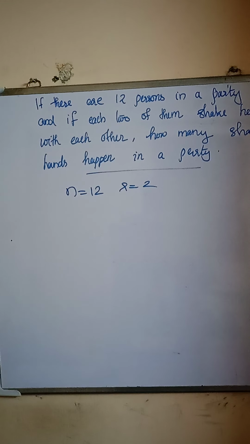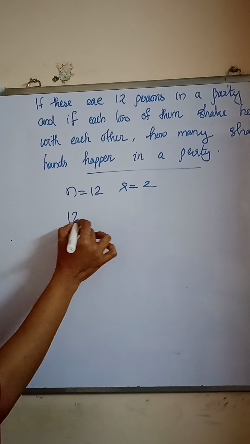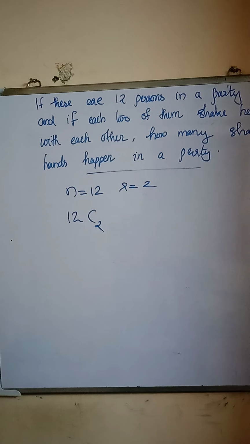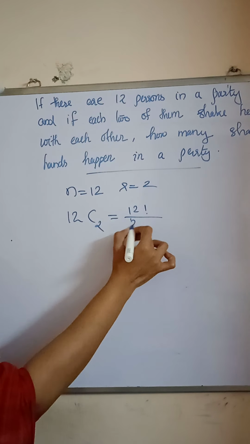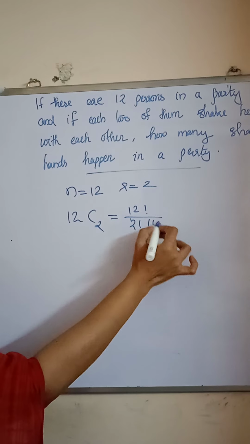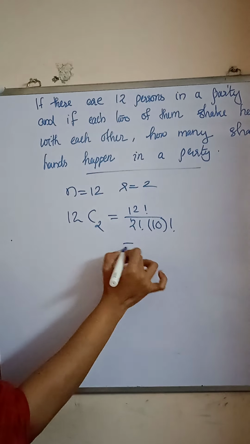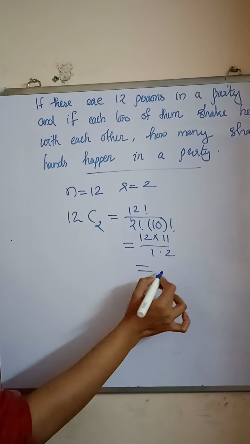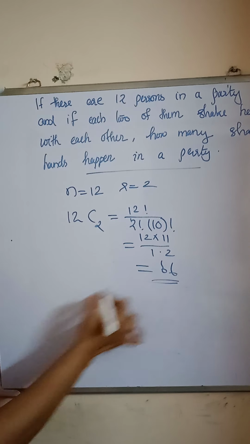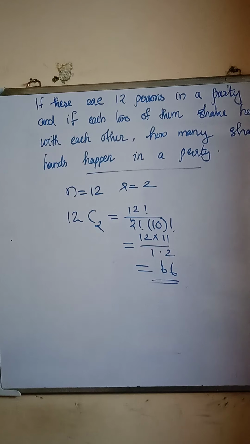So 12C2 handshakes happen in the party. 12C2 is 12 factorial divided by 2 factorial into (12 minus 2) factorial, that is equal to 12 into 11 divided by 1 into 2, which is equal to 66. So 66 handshakes happen in the party.